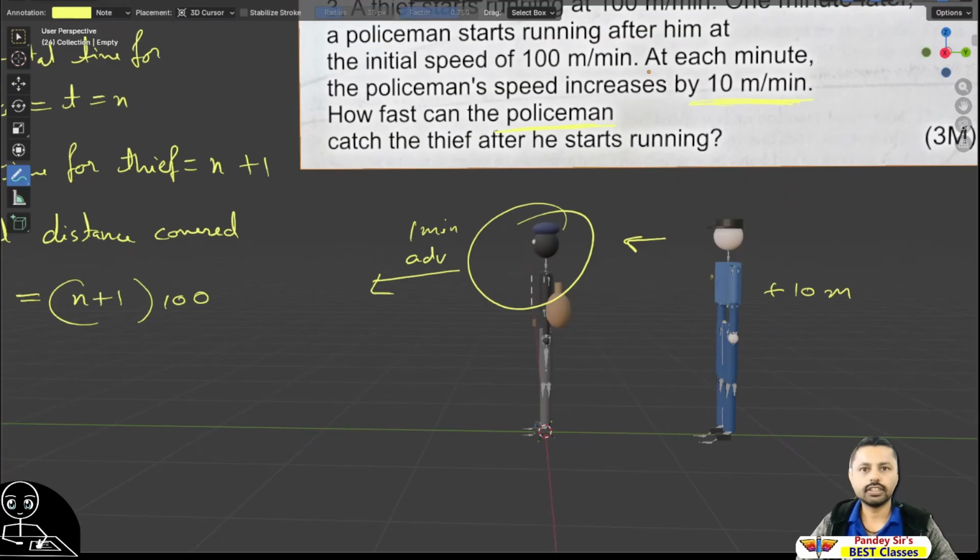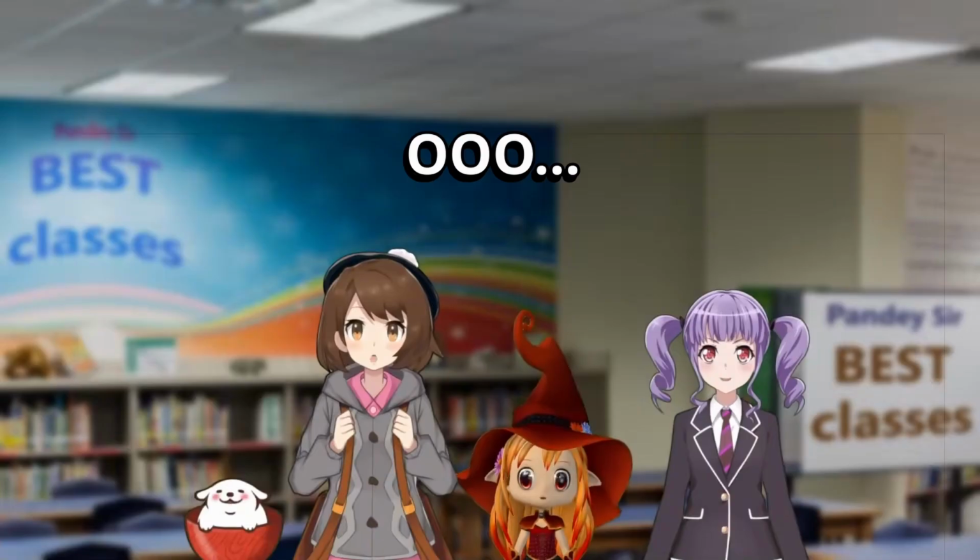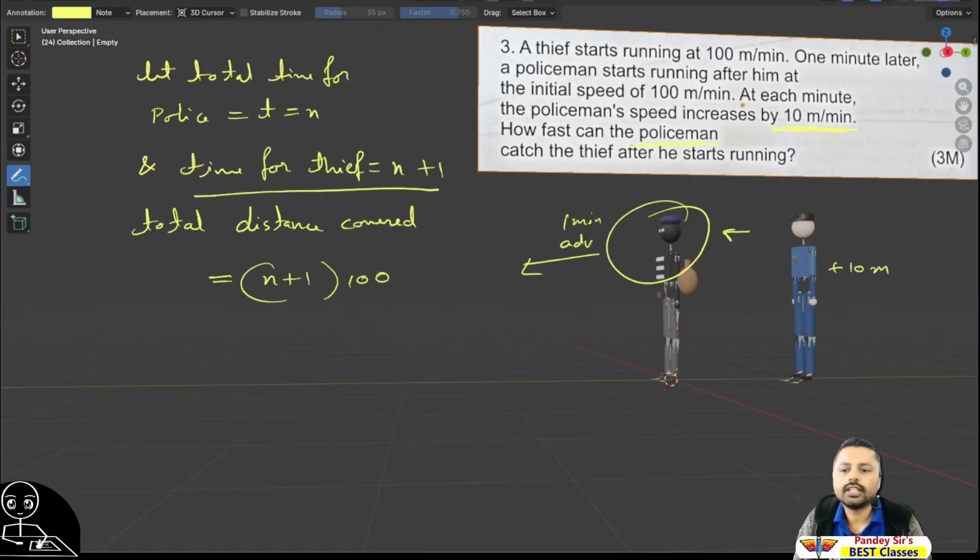So obviously the police is increasing the speed and every time the police is getting 10 meters closer to the thief, and we have to calculate the time. Let's say he ran for 10 minutes. So he'll run 10 into 100 and that will be 1000 meters. But this is just for an example. Actually, we don't know the time for now.